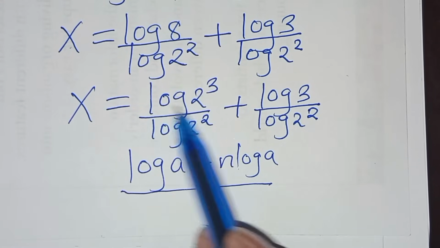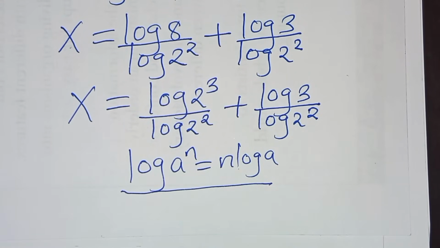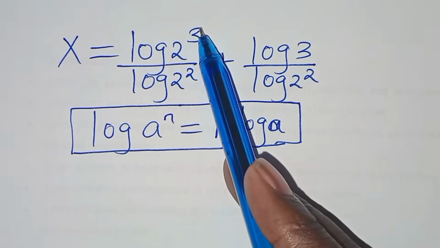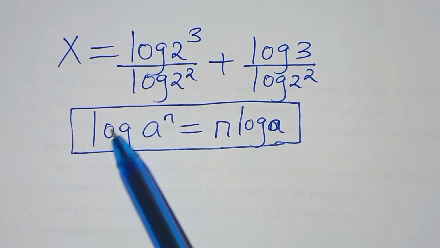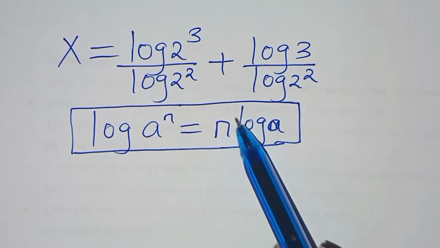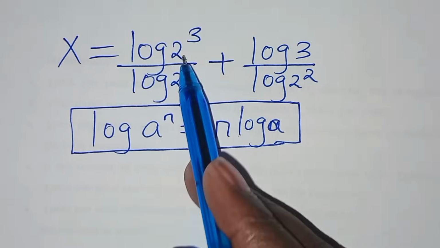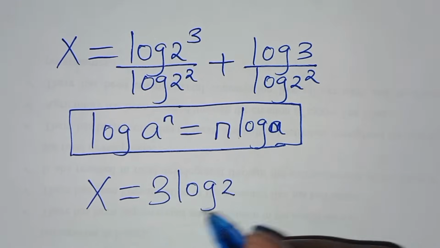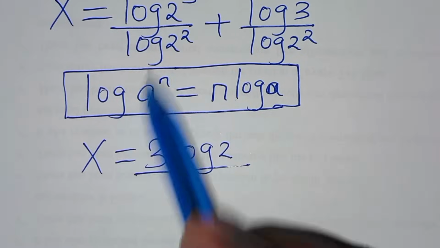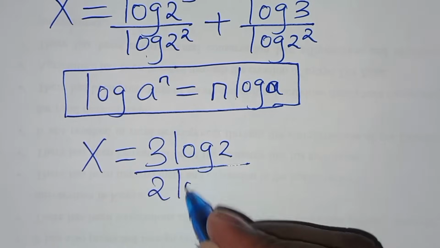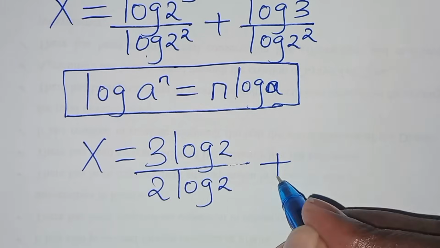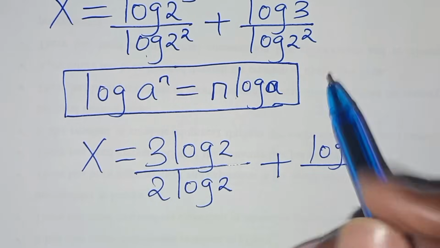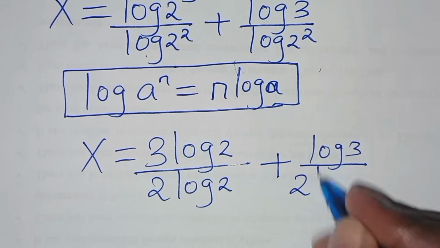So applying this power rule property, log 2 to the power 3 can be expressed as 3 log 2, divided by log 2 to the power 2, which is 2 log 2, plus log 3 divided by log 2 to the power 2, which is 2 log 2.